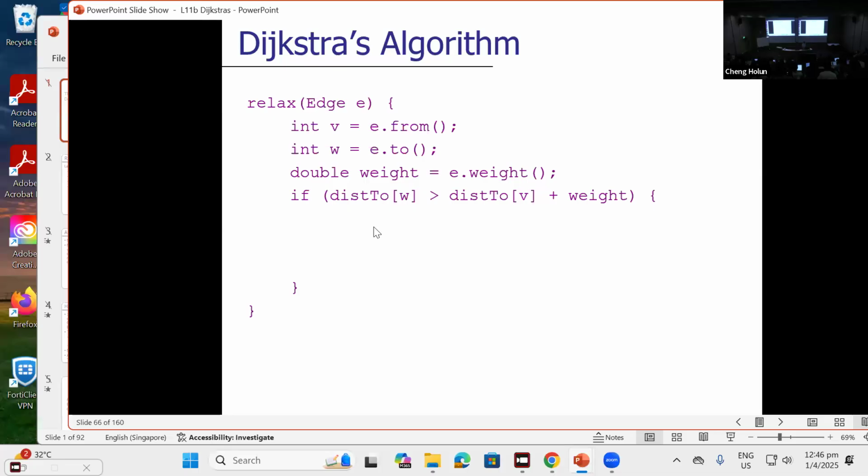Actually, it's nothing new here. If the original weight is larger than your source plus the weight of your edge, then you improve it. This is the same relaxation as last week. But here, I add one thing. If you do this relaxation and improve, I say that now the current destination has a parent, remembering the path.